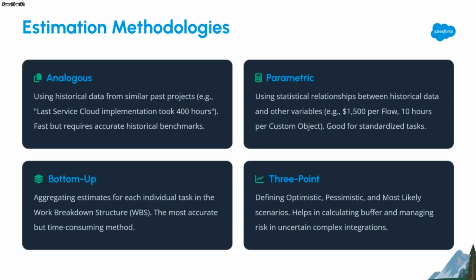So it's a combination of historical data as well as using formulas to calculate and arrive at a pricing. This is typically good for standardized tasks, which work in a similar way for all projects or all products or all engagements.